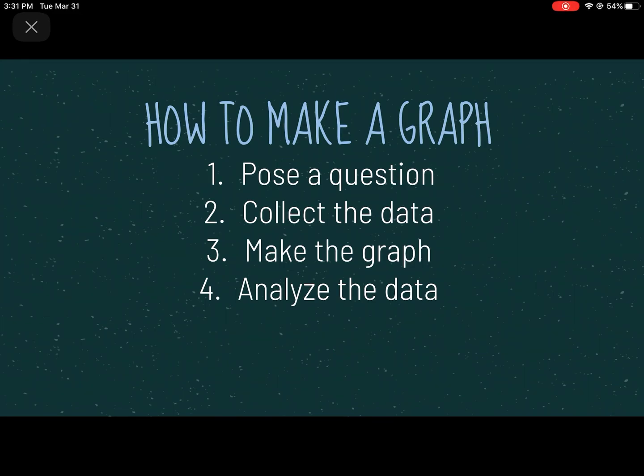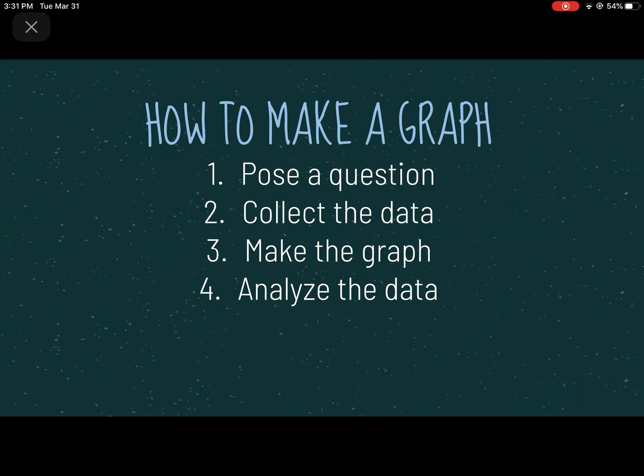Now, number 2 would be collect the data. So if you were asking the question, what color are your eyes? You would be marking down on a sheet of paper if somebody had blue eyes or green eyes or brown eyes, and keeping track of how many of each. Once you've kept track of how many of each, then you can make your graph.